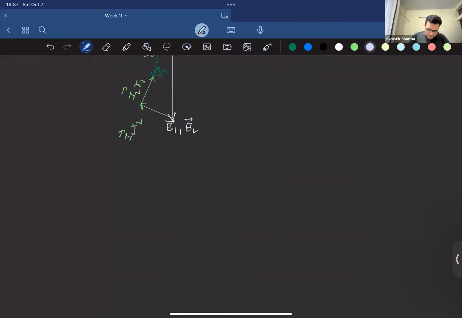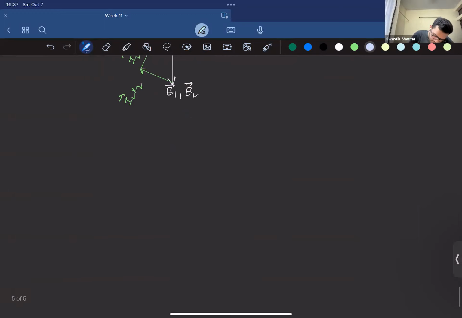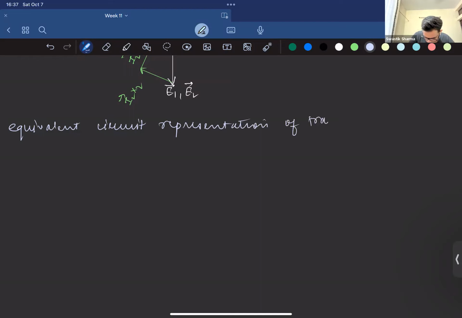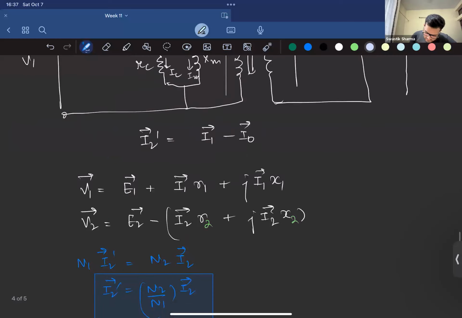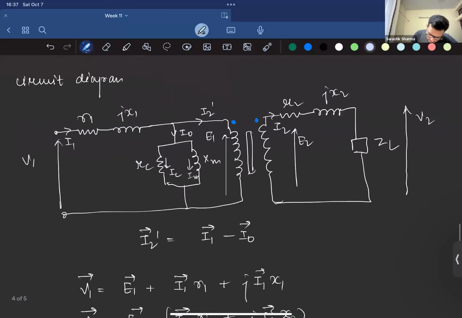Okay, let's move ahead. So let's draw the equivalent circuit representation of a transformer. Okay, so we already drew this.